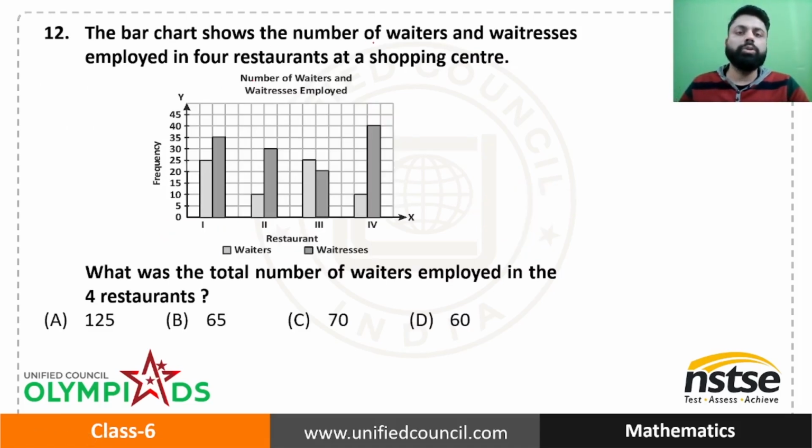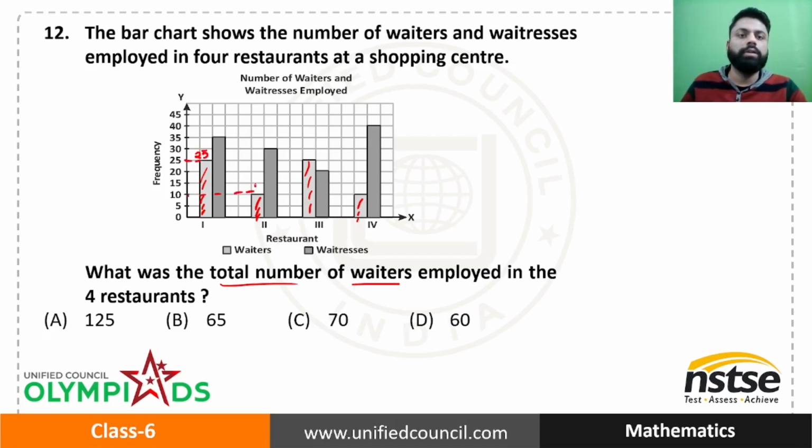The bar chart shows the number of waiters and waitresses employed in 4 restaurants at a shopping center. Over here, the light one, the left one, is for waiter, and then on the right hand side, we are having the waitresses. What was the total number of waiters employed in 4 restaurants? So this is equal to 25.